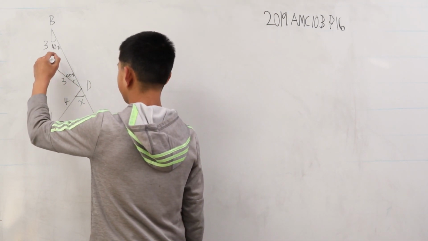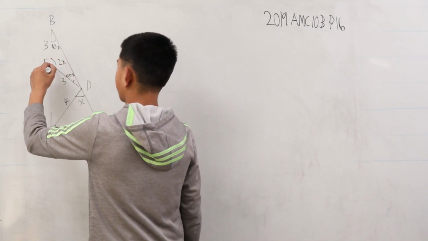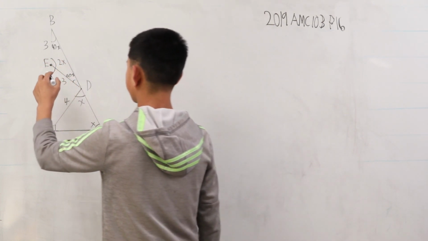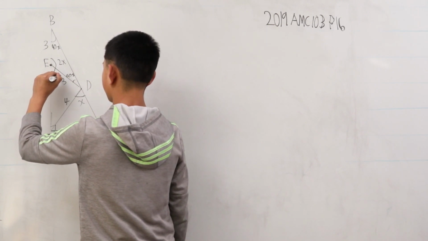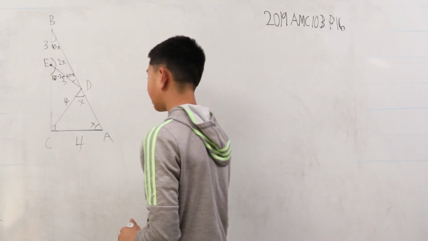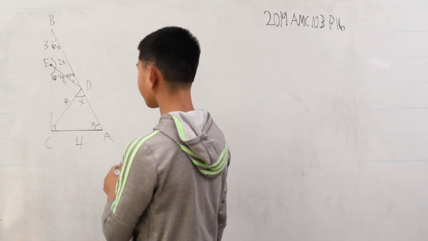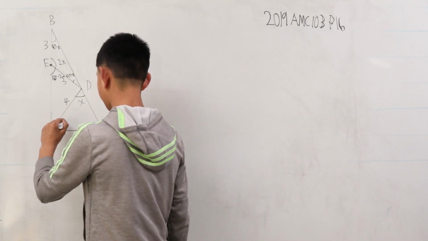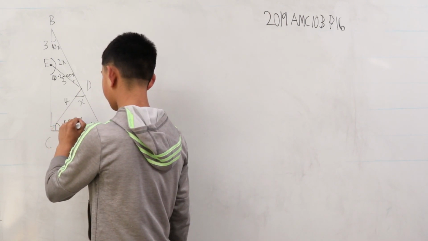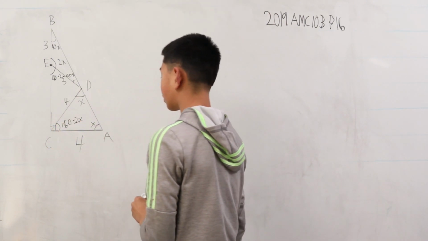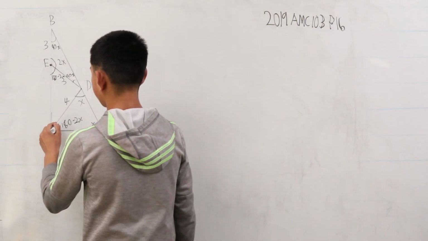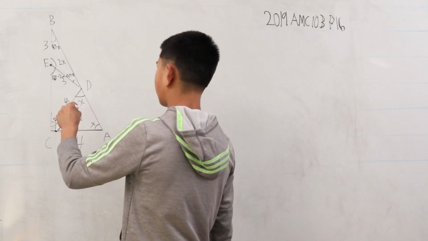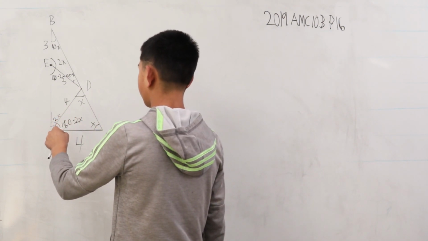Now since there's 2x's here, this angle has to be 180 minus 2x in order for it to be a triangle.